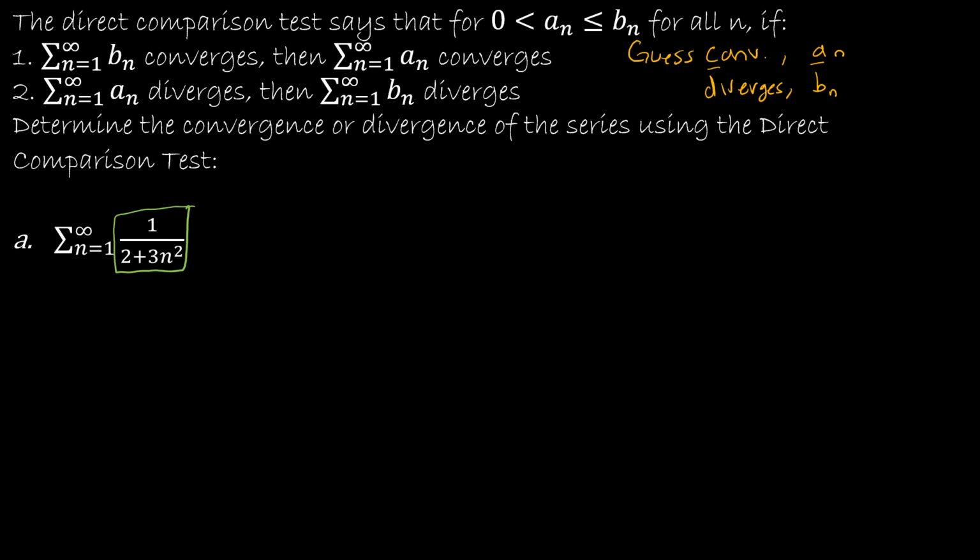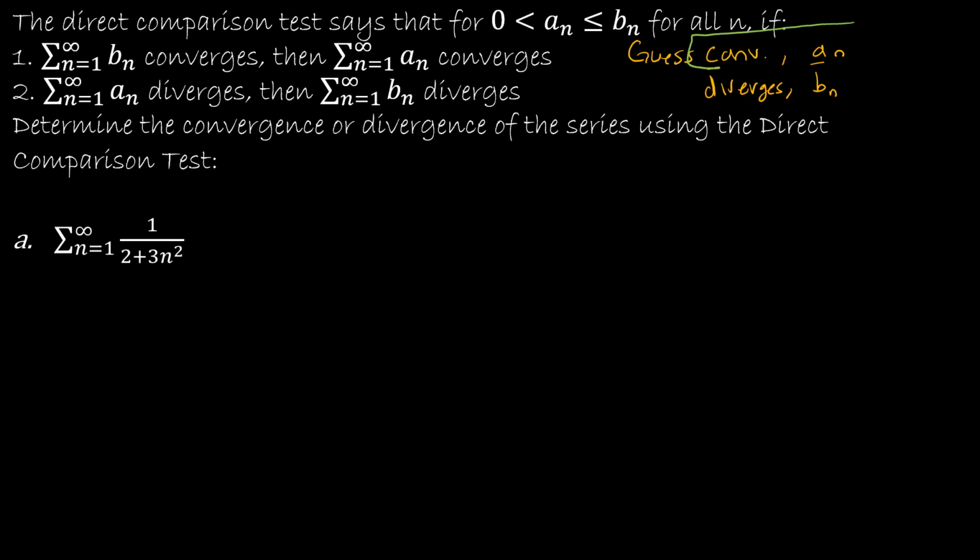If I think through this, remember this value is going to get bigger and bigger, and really that's the most influential term. So I'm going to have 1 over a very large value, and so my guess is that I'm going to take 1 divided by a very large value, and this is going to converge to 0. So that's my guess. My guess is convergent.